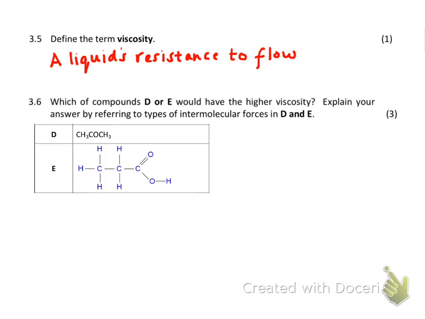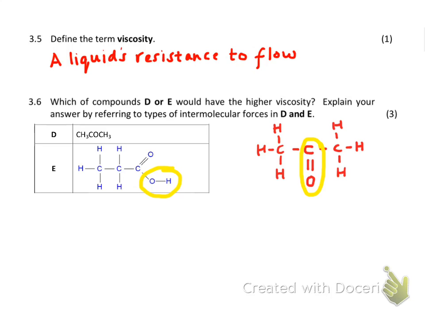So let's have a look at D and E. E is given, it's propanoic acid. D we drew earlier is propanone, and so we need to work out the types of intermolecular forces here. In E we have hydrogen bonds because we have hydrogen bonded to oxygen, which is a highly electronegative element, and in D the carbonyl group, the C double bond O, gives us a dipole-dipole force.